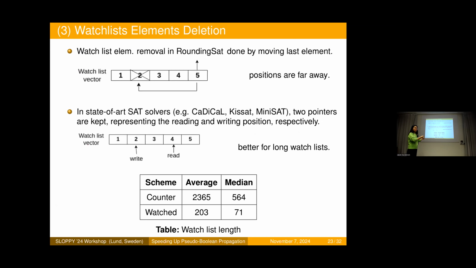So when we are visiting this watch list, perhaps this element is for a clause or for a cardinality constraint. We need to unwatch the current one, so we delete this element. But in this watch list, there could be some counter-based elements, so it's very large. Okay, all right.